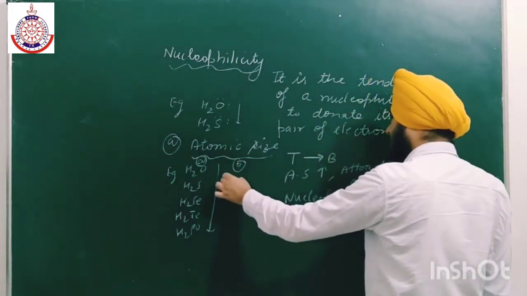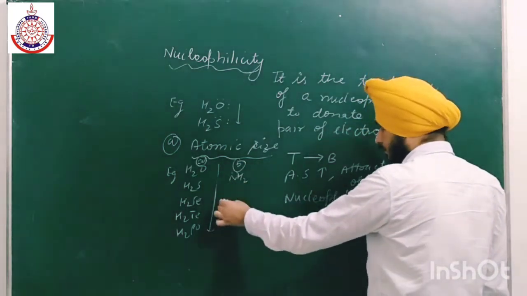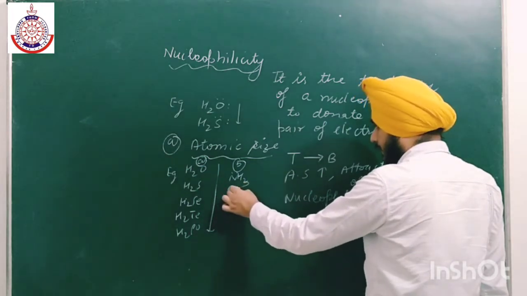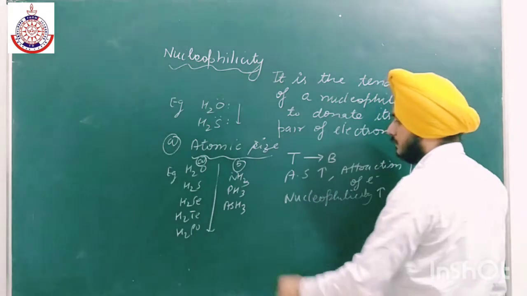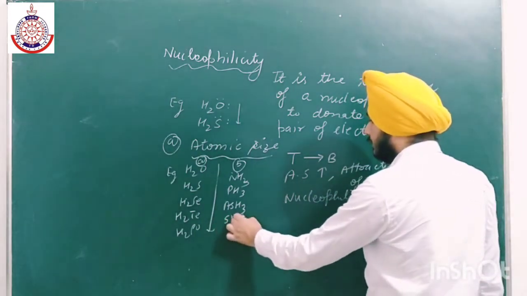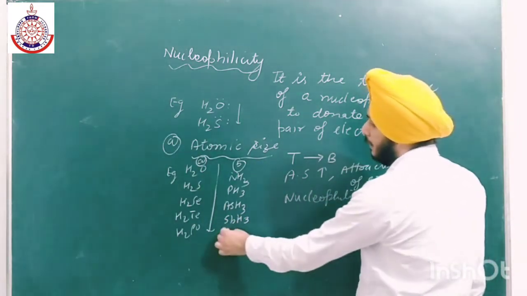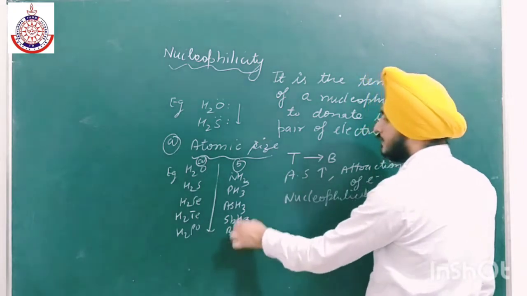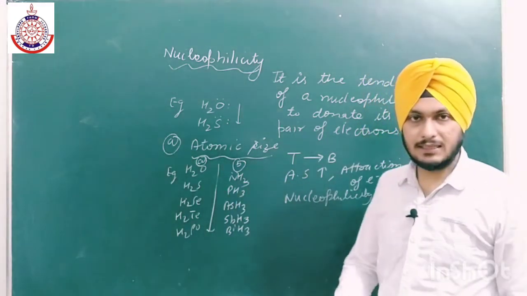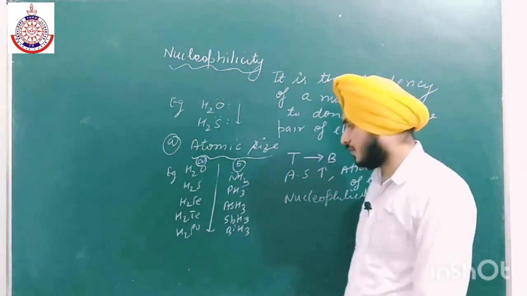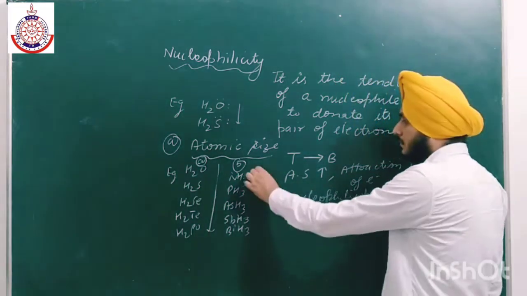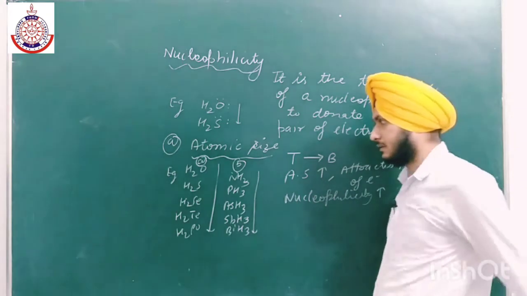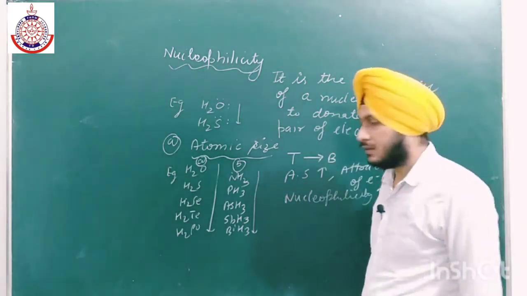The second example is NH3, PH3, AsH3, SbH3, and BiH3. As we go from top to bottom, again the size will increase and the attraction of lone pair towards the nucleus will decrease. So nucleophilicity will increase. This is the second example.